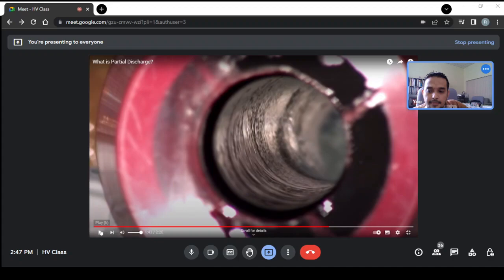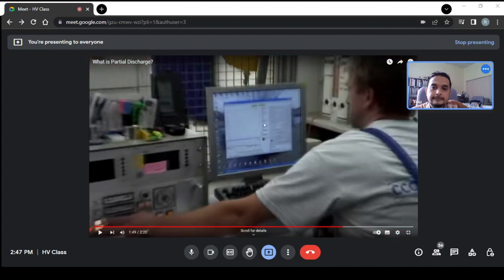This is the signal detected from the partial discharge activity, and from there they will interpret whether the condition of the insulator is good or it needs to be replaced.